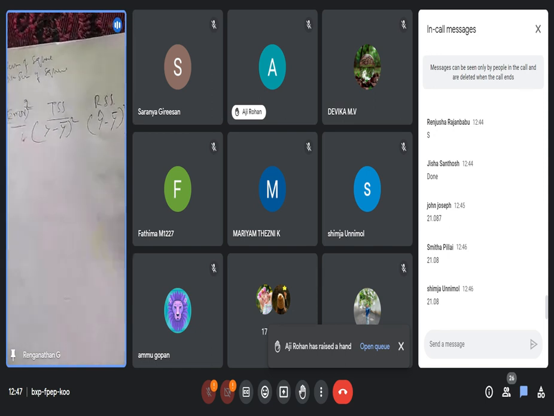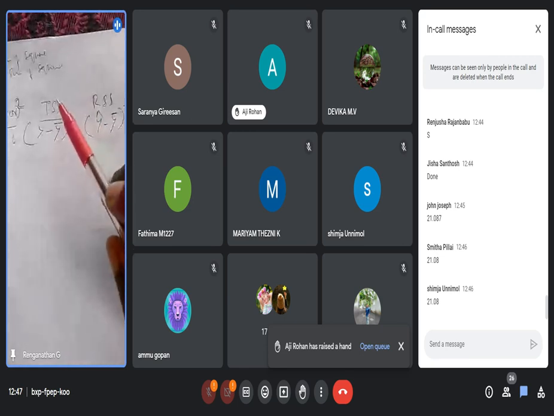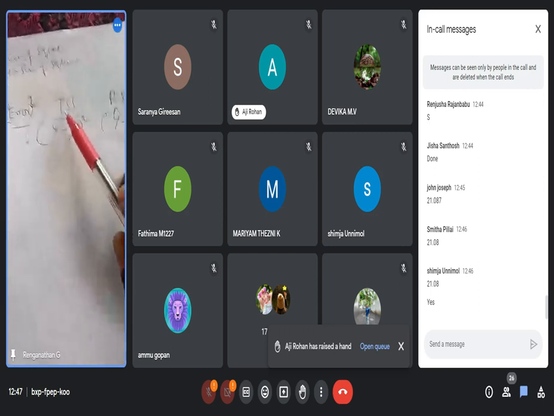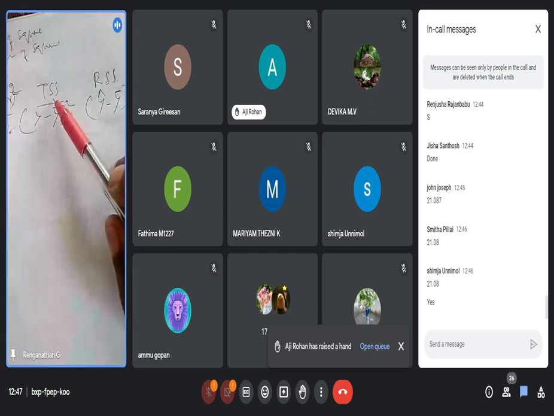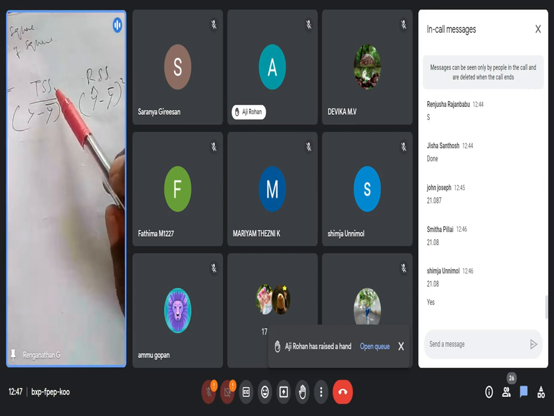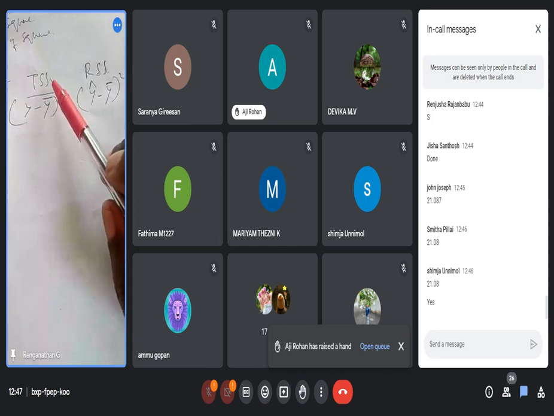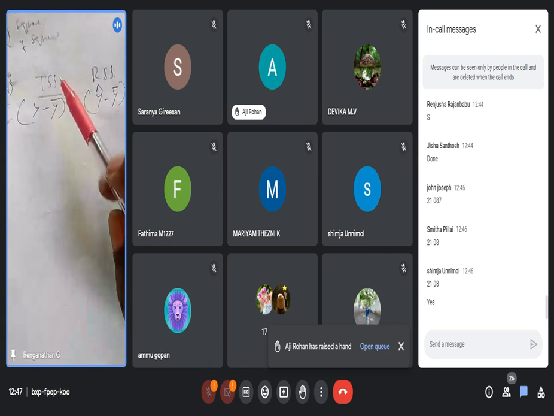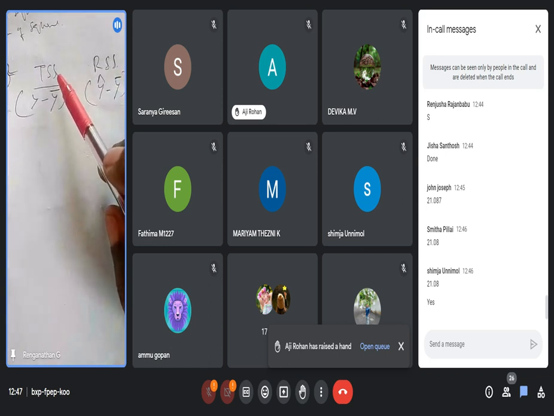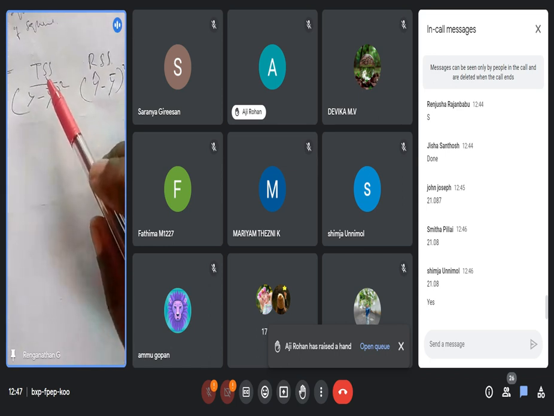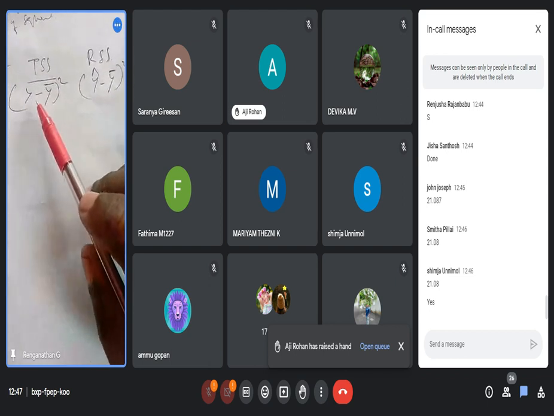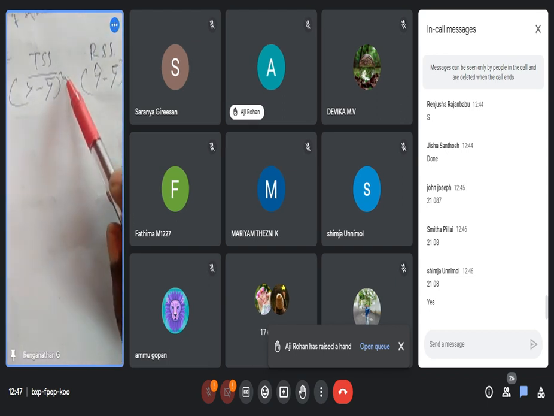Okay, as there is no objection, I am proceeding to the next. Then the next column is total sum of square. Next column is TSS. TSS means the total sum of square. TSS is shortly written here. Actually, it is total sum of square. And in order to find that figure, we require y minus y mean square.